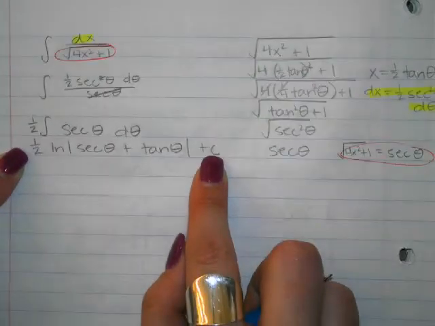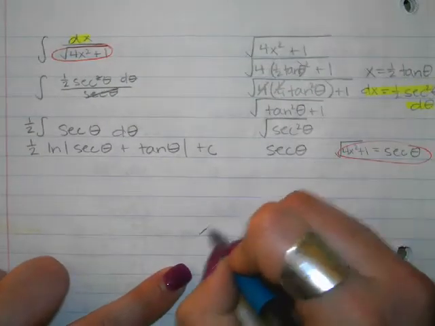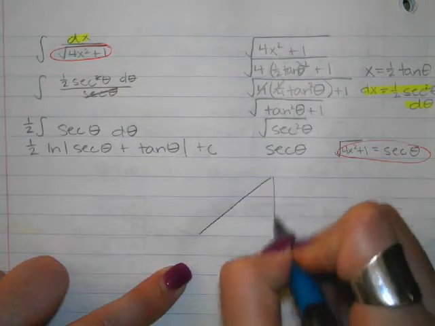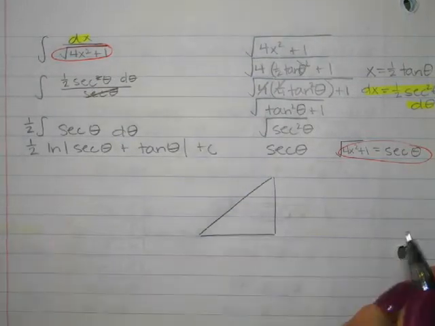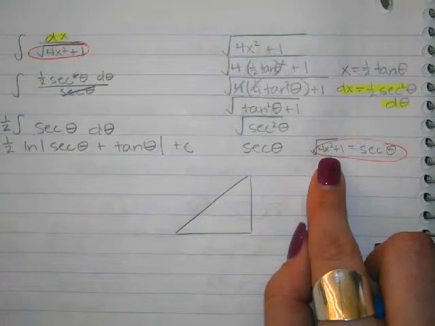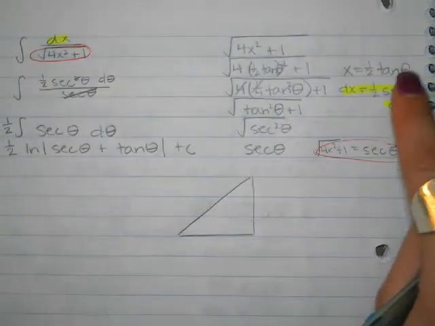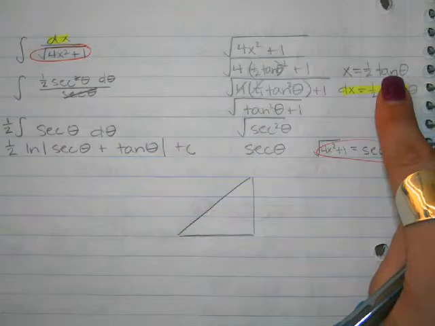So what do we do now to get the answer in terms of x? Draw the triangle. So we have secant is hypotenuse over adjacent. And then we have tan is opposite over adjacent.